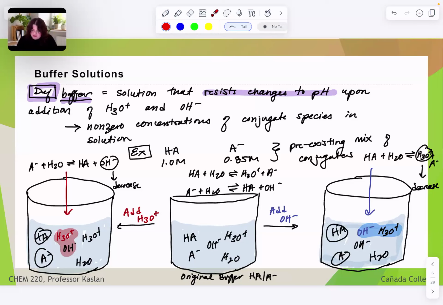Eventually you're going to run out of acid particles. Say I keep neutralizing all of these acids, that's going to drive all of these HAs forward. And eventually I'm going to run out of HAs to drive forward to make H3O plus to compensate for the loss. Same deal here. If I neutralize all of these hydroxides, that is going to cause continual shifts forward. That's going to deplete A minus until it's completely gone from solution.